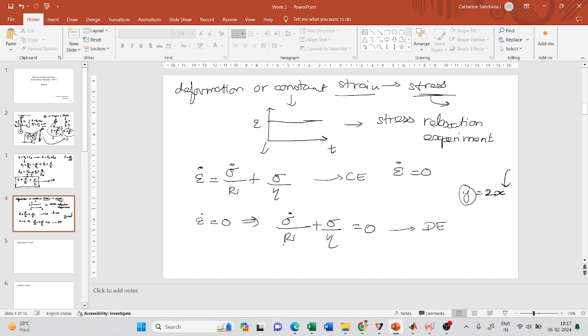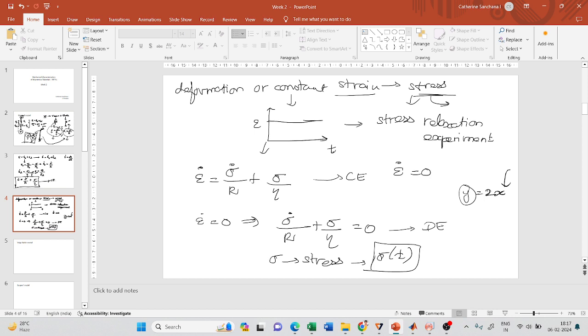Now this is a differential equation in stress. This is what I have to find out. What did I tell you when we first started to derive? I said that given a strain input, I have to find out the stress response, right? Now this stress response is a function of time. Why is it like that?